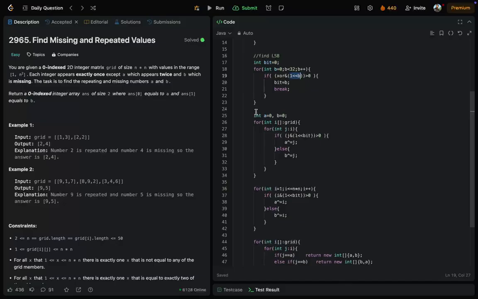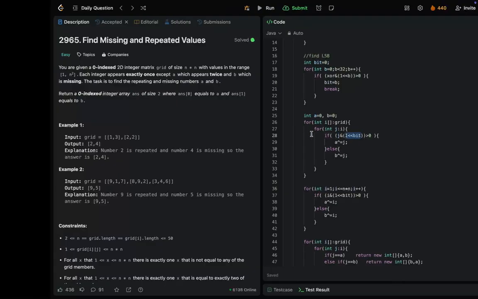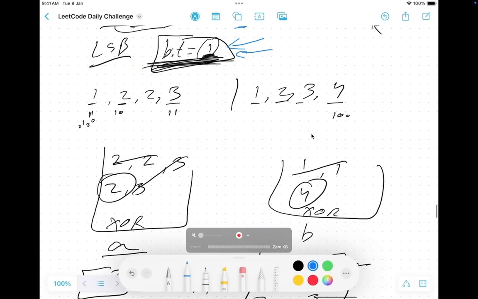The next thing is to iterate in the grid. So again, the same thing happens here. We are doing it on that bit. Suppose we are given 1, so 1 is represented as this, 0 0 0 then 1.